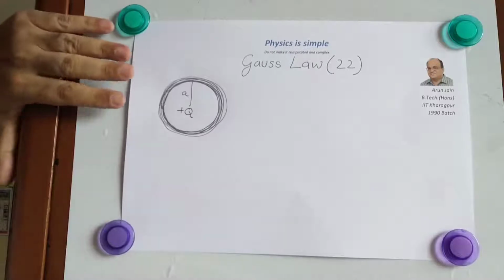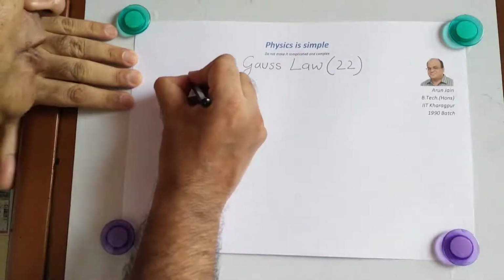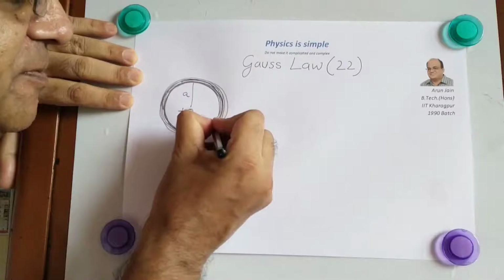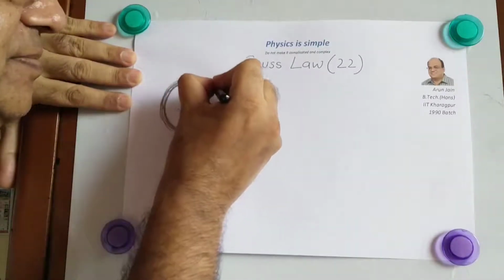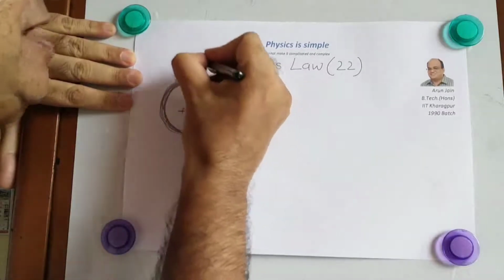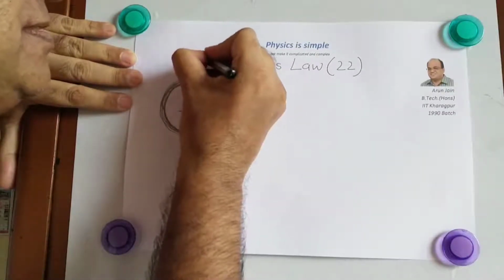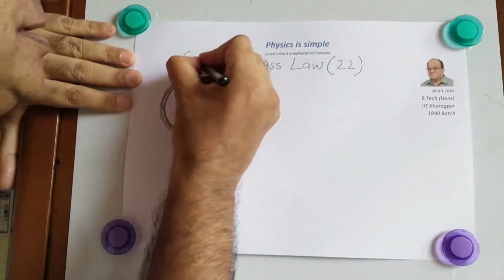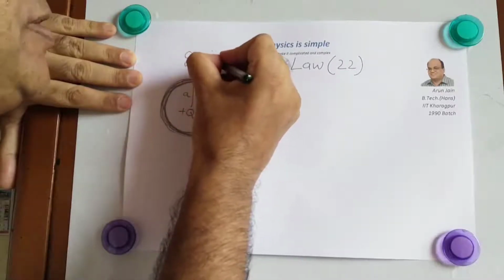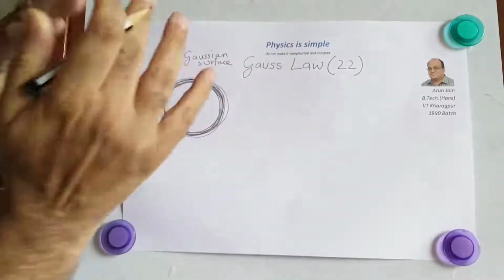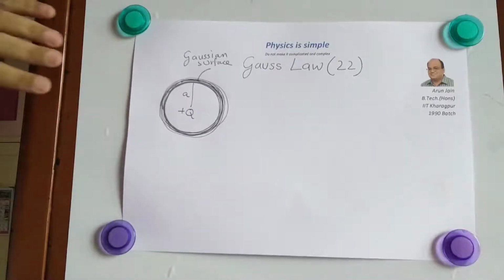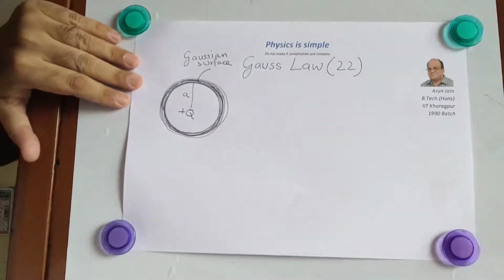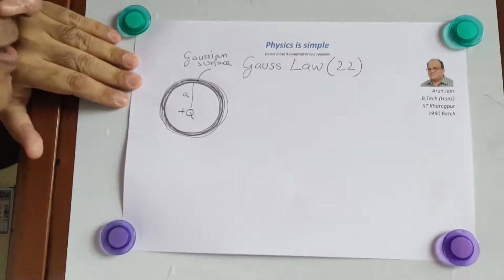To solve this question, we can draw a Gaussian surface inside that metal. So this is our Gaussian surface, a spherical surface just inside the metal that is making up this hollow metallic sphere.